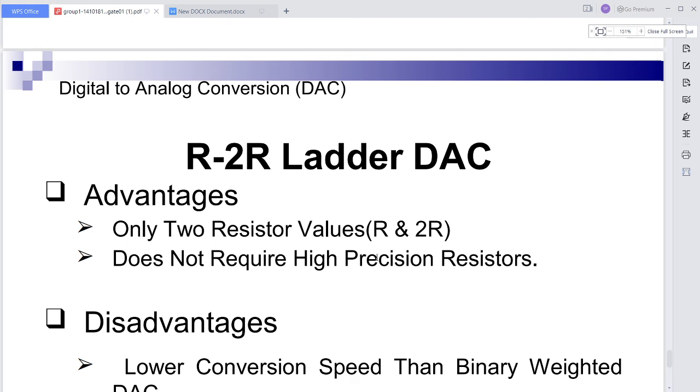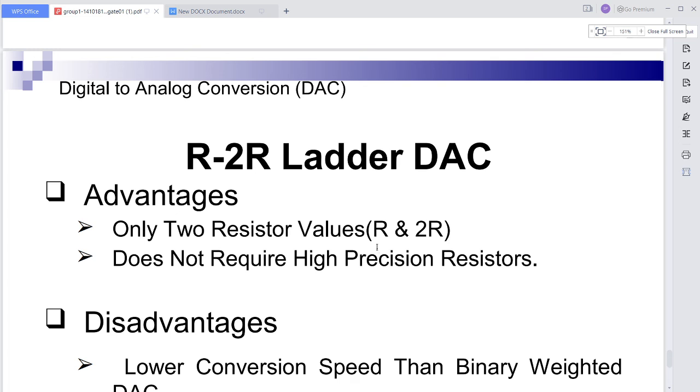As the input binary data changes, the current through each and every resistance is going to change, so there will be fluctuations in the current, and they dissipate some heat, and that heat may damage the integrated circuit. This problem can be avoided in the inverted R2R ladder type digital to analog converter.